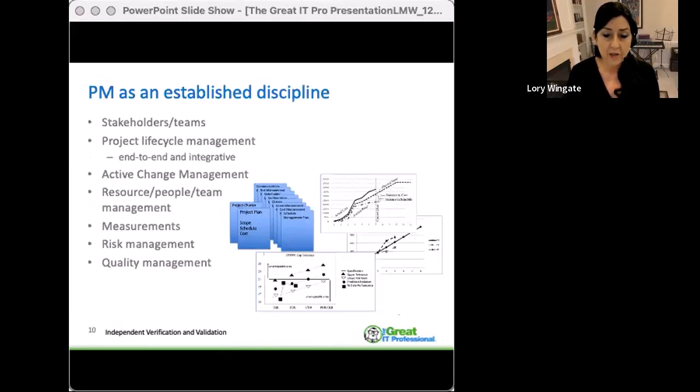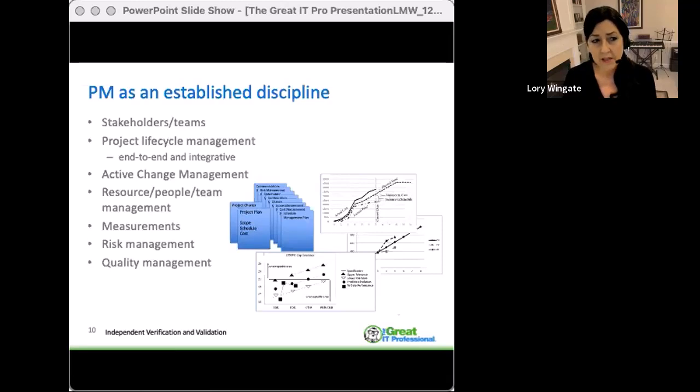The project management discipline covers all activities across the project lifecycle, from planning to execution to project closure, while all along managing change carefully. And you're going to hear me speak on managing change over and over throughout this presentation, because that is one thing that is often not done well in a project with catastrophic results.